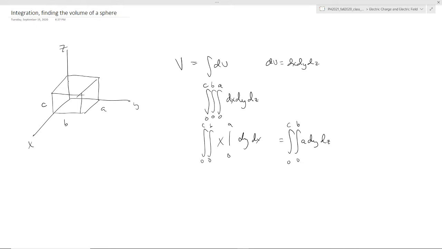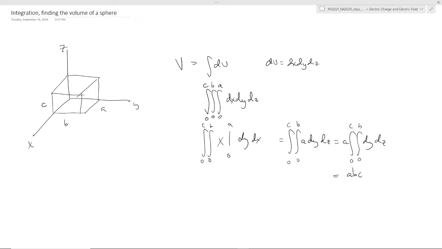And if you integrate over the other dimensions, you would pick up factors for each of those dimensions. When you do that same procedure 2 more times, you'd just end up with the product of the 3 lengths, which is what you expect for the volume of a little rectangular solid like that.